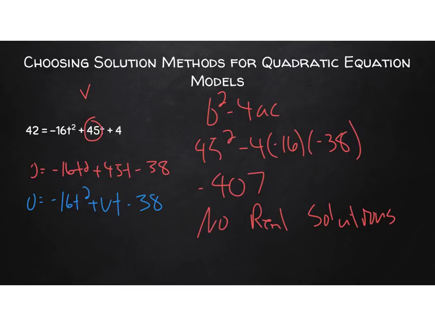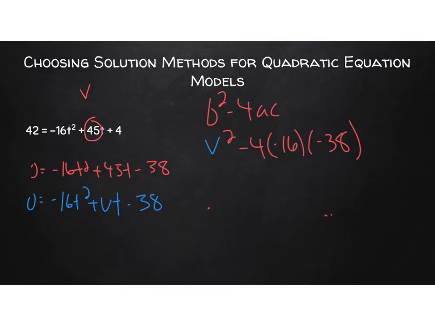Well, we already used the discriminant, and the nice thing is now our b, instead of being 45, is now just v. So we can substitute that in right there. And by doing so, that's going to change this answer down here, and we want it to get to real solutions.